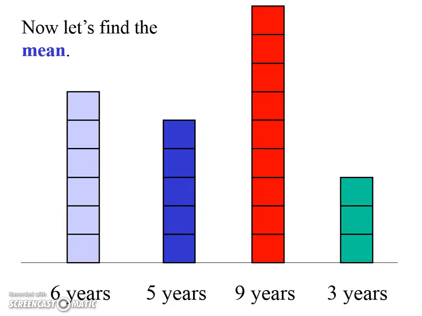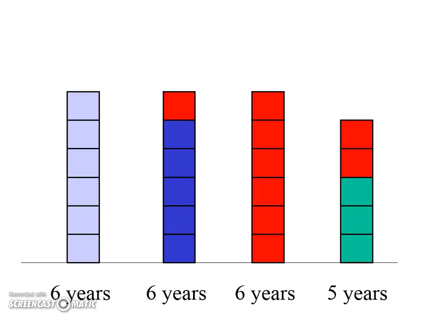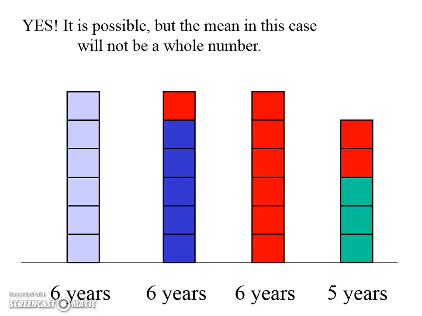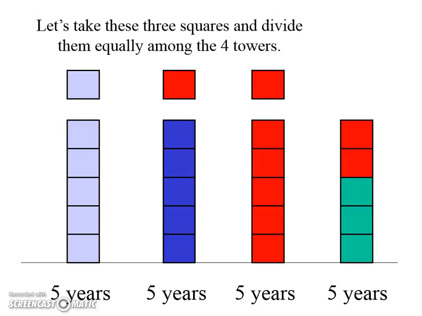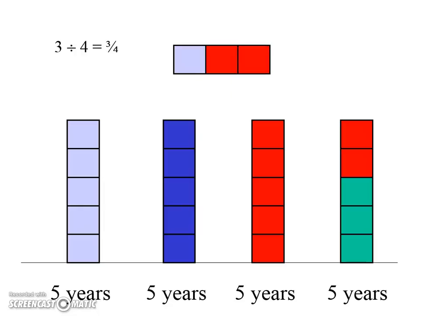If you wanted to find the mean, again, we want to make towers that are of equal height, and 4 of them, because we have 4 data items. And you might notice that, ooh, we can't do that with this data. So, since we can't do that, what we need to do then is take these extras here and divide them among the 4 towers equally, which means we might have to cut them up.